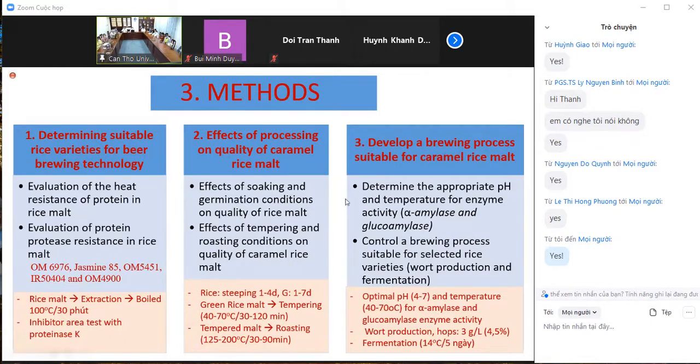And after that, we will modify the rice malt, compared to barley malt. We control pH and temperature of mashing suitable for two enzymes to root enzymes in the dry malt. That is alpha amylase and glucoamylase.